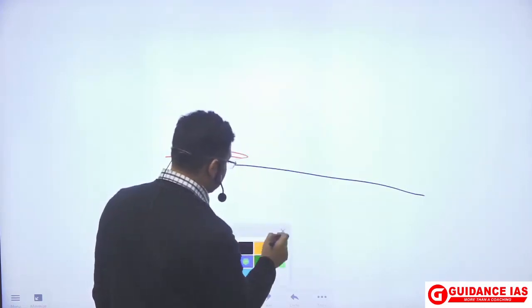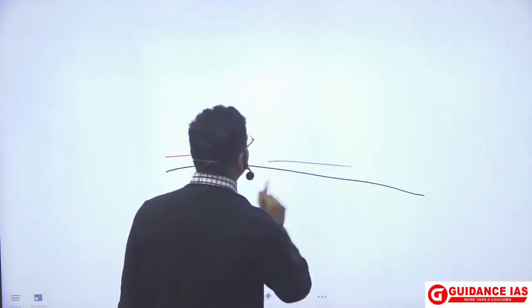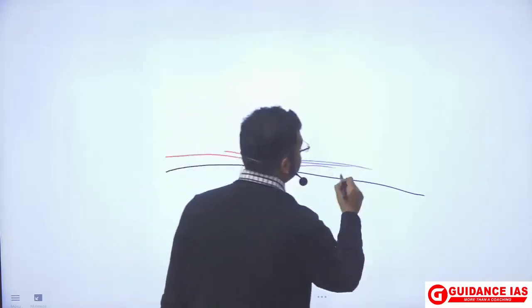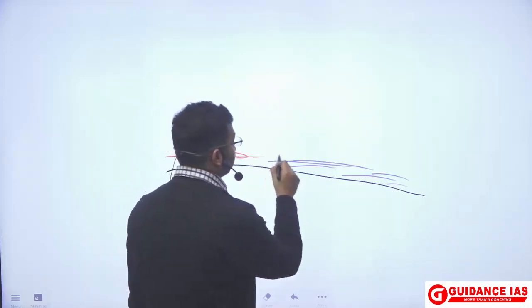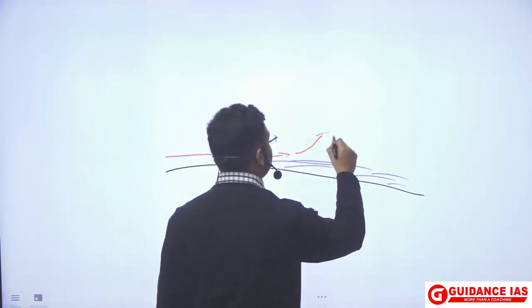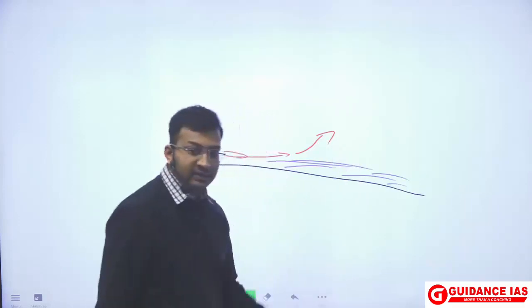This is the warm air mass, this is the cold ocean current present over there, due to which the warm air mass moving will rise above.